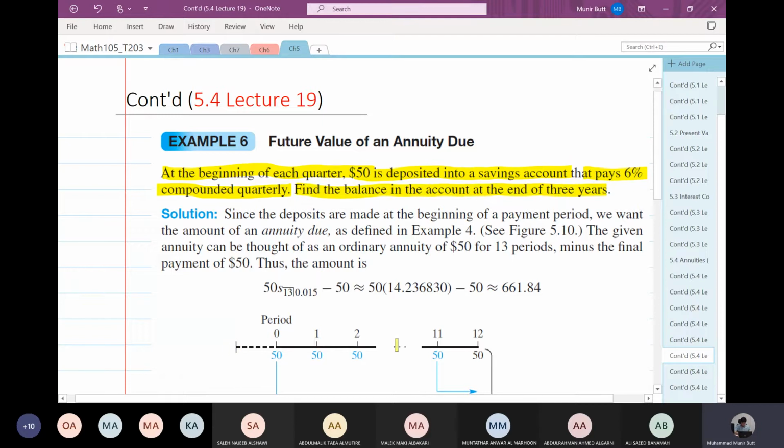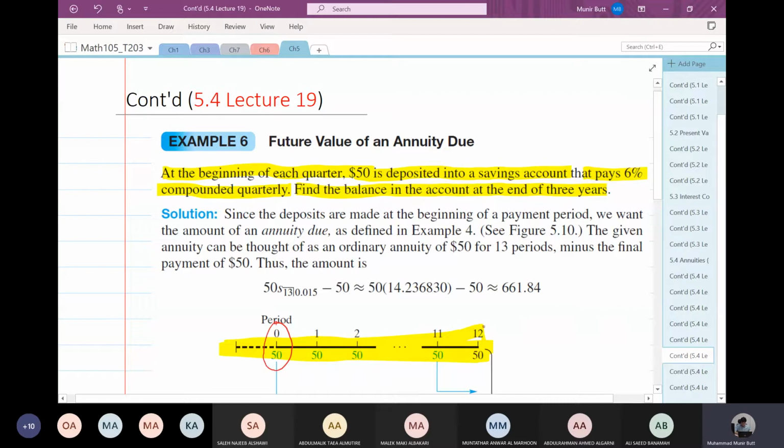Now we have to be very careful. If you make a table like this, in the beginning we have $50, and he asks for the saving account at the end of 3 years.